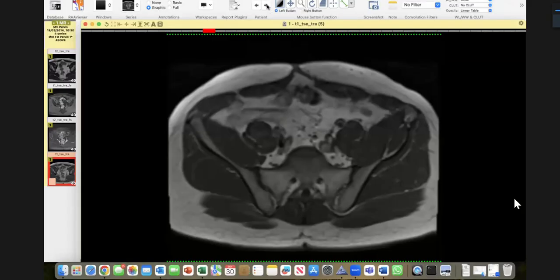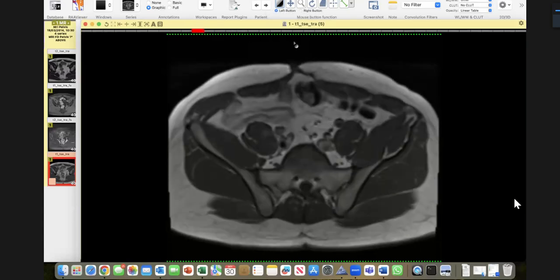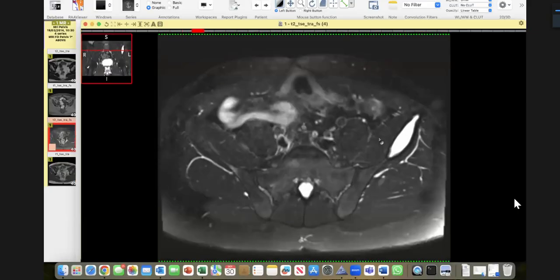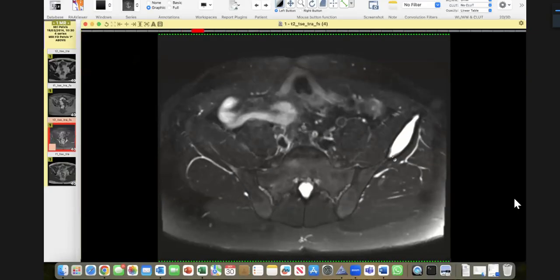Now, as far as this is the MR. On MR, please remember that bone tumors, for characterization, most of them are still characterized on plain film.